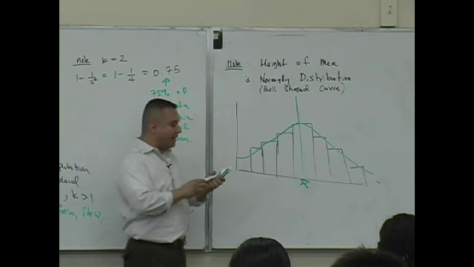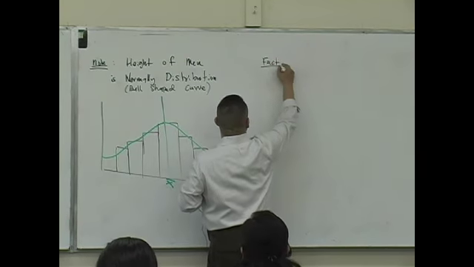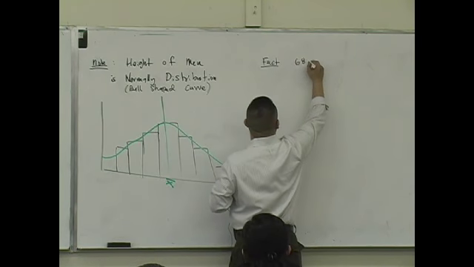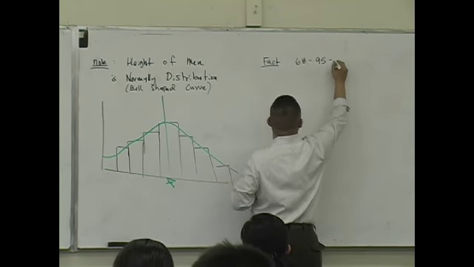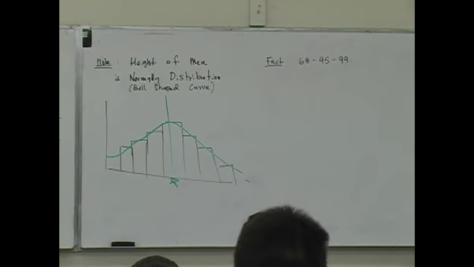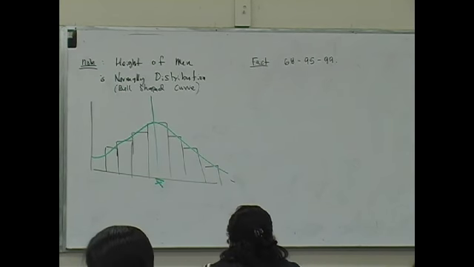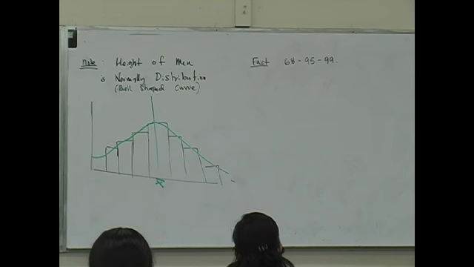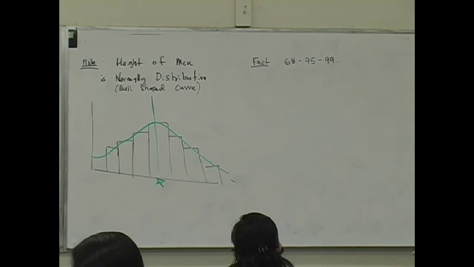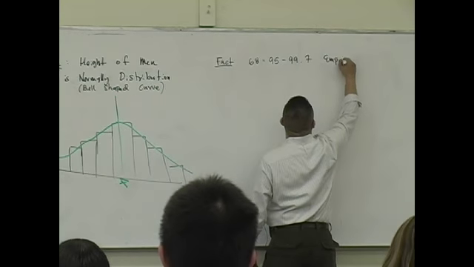And so we have another fact that applies only to the normal distribution. It's the 68, 95, 99.7. This is known as the empirical rule.